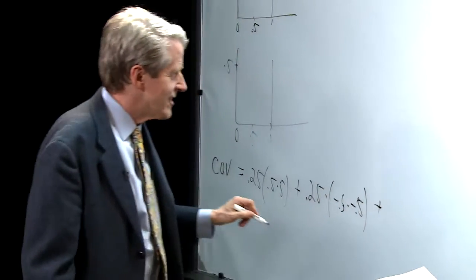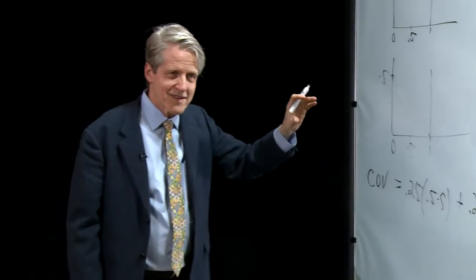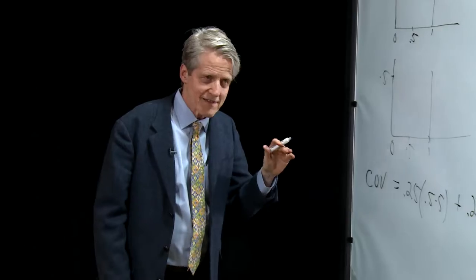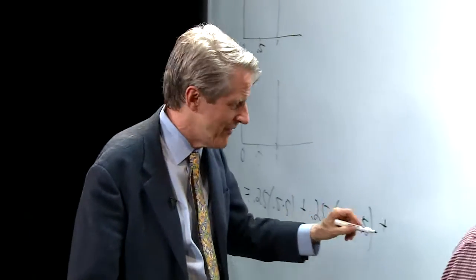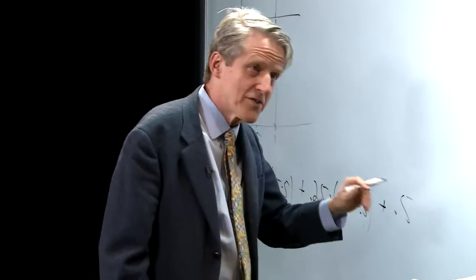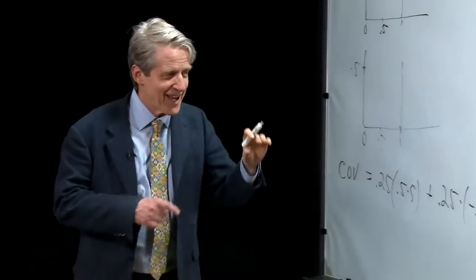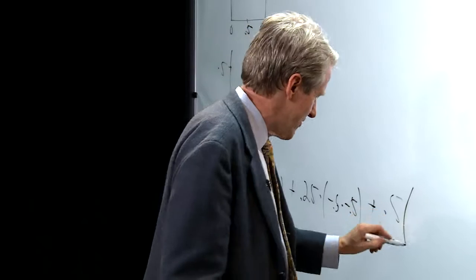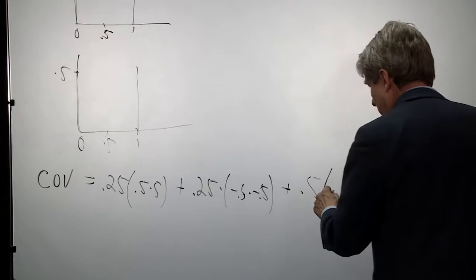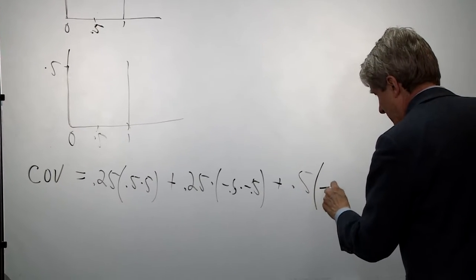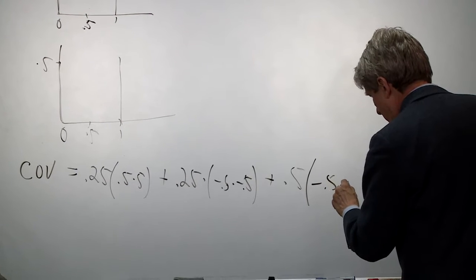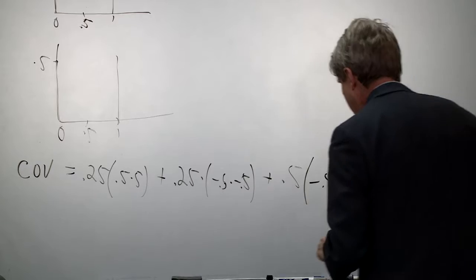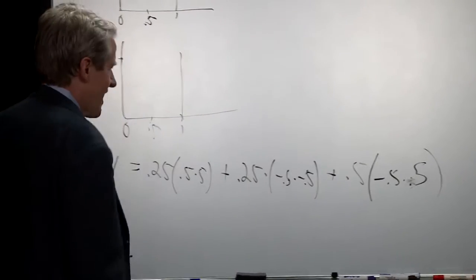But then there's a chance that one of them succeeds and the other one doesn't. And that has a probability of 0.5 because there's 2 different ways it can go. Right. It could be A that succeeds and B fails, or otherwise. So we have a 0.5 probability of minus 0.5 times 0.5. So what does that add up to?